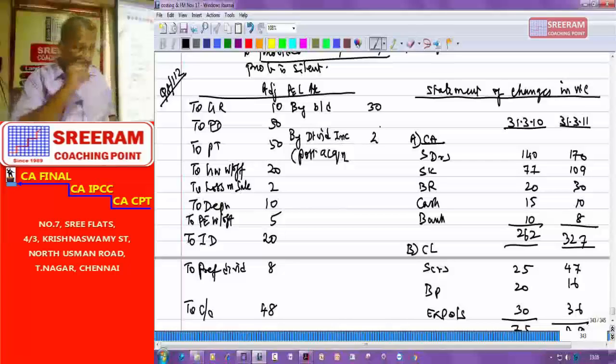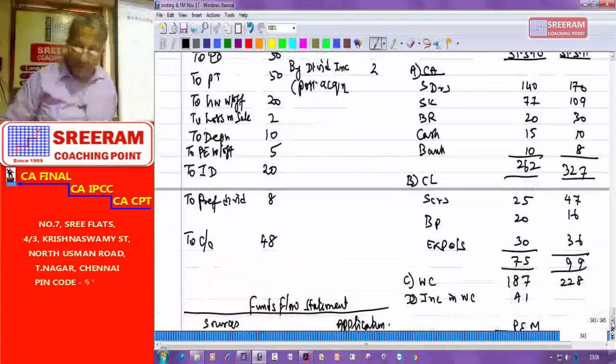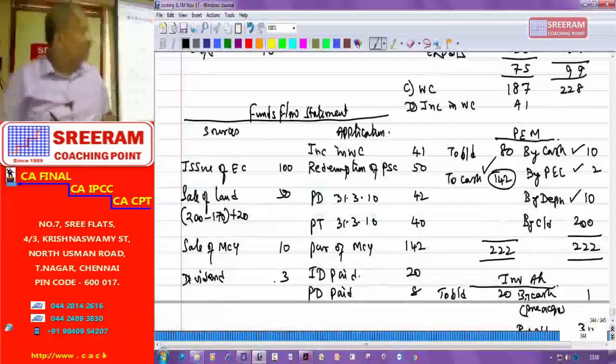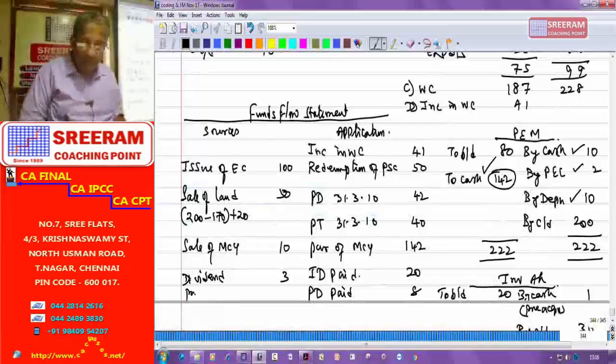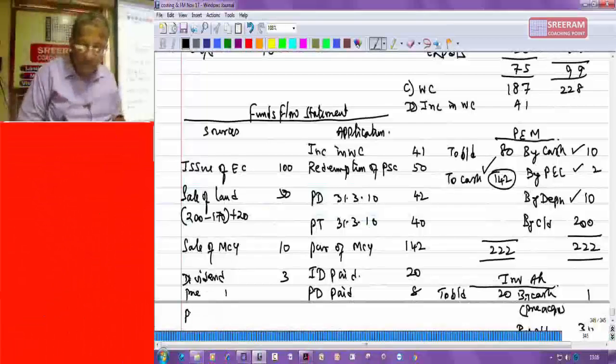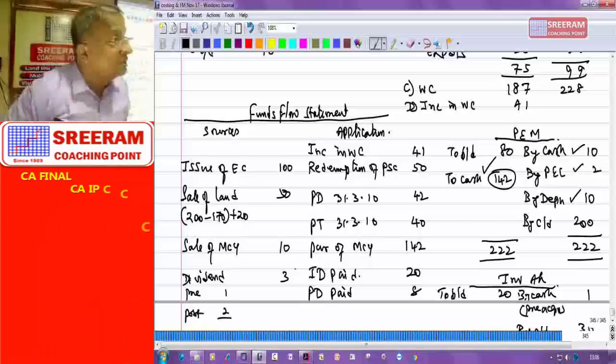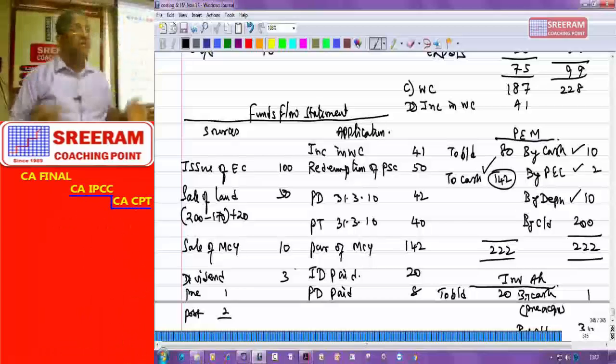This is also received in the form of cash. So in the cash flow statement, dividends received, how much? 3,000. How come? Pre-acquisition 1, post-acquisition 2, so totally it is 3. Are you understanding, all of you? Say yes or no.